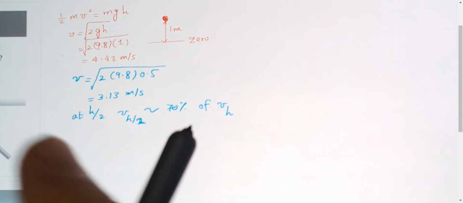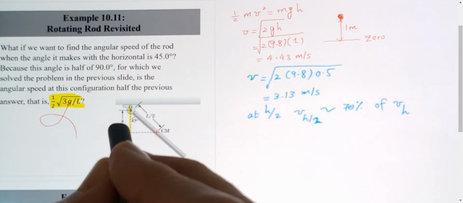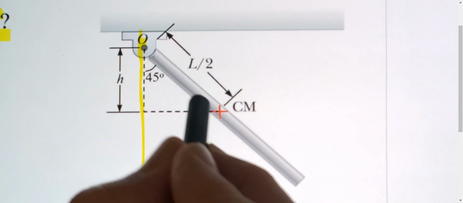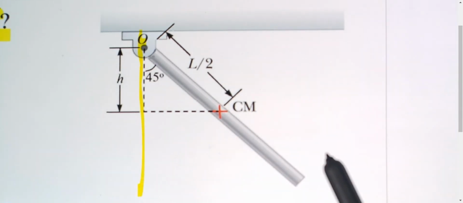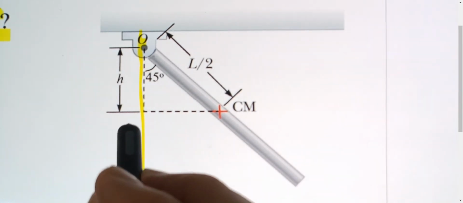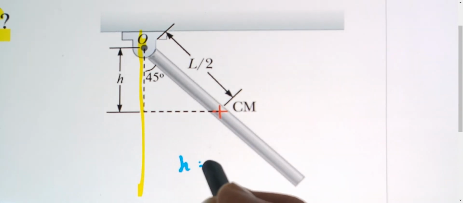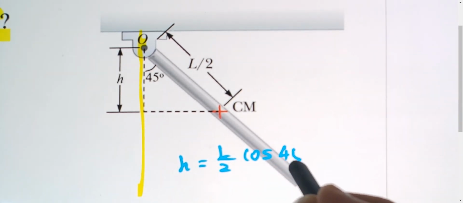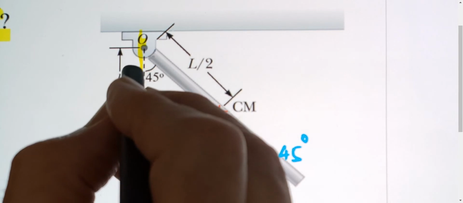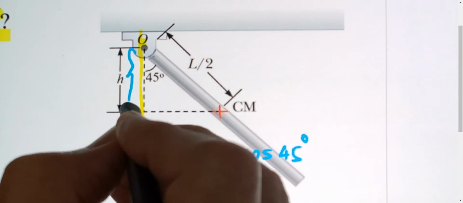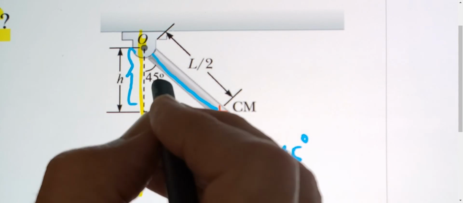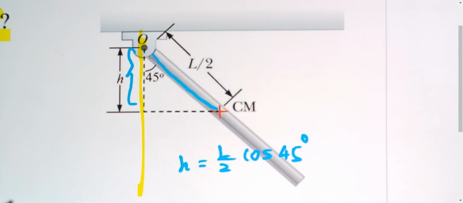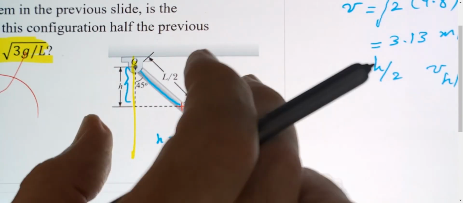Why? Because if you want to calculate h and you know L over 2, because h is the height, what's remaining of the kinetic energy, h will be L over 2 cosine 45. Because we are interested in this height, and this is L over 2, so this value h is equal L over 2 cosine 45. And here comes the 70% difference.